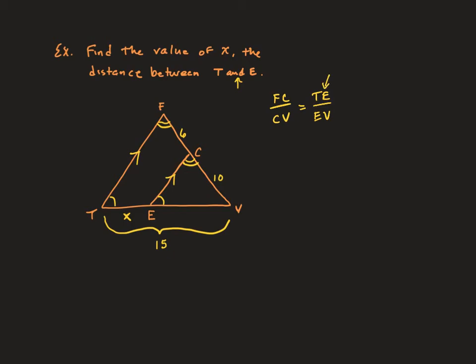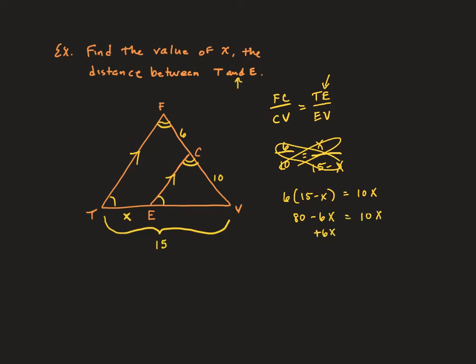So I don't know that, that's X, but I do know that FC is 6, CV is 10, TE is going to be X, and then EV is going to be 15 minus X. So if I do my cross multiplication, I'm going to end up with 6 times 15 minus X equals 10 times X, or this is going to be 80 minus 6X equals 10X.